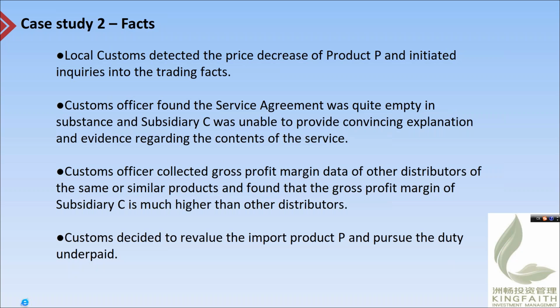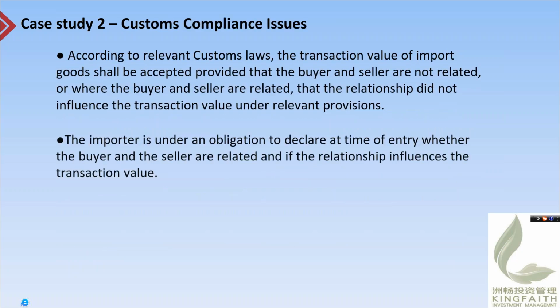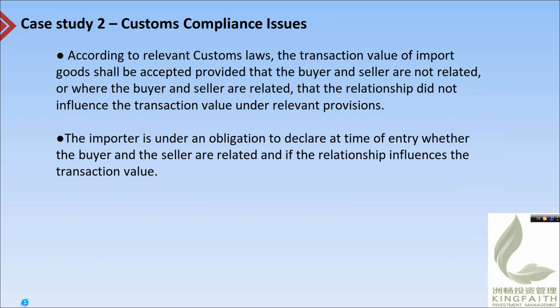As we have already mentioned, we have 2 points of customs compliance issues here. One is why customs challenges the arrangement. It's based on the provision that the transaction value of import goods shall be accepted, provided that the buyer and the seller are not related, or where they are related, that relationship did not influence the transaction value under relevant provisions.